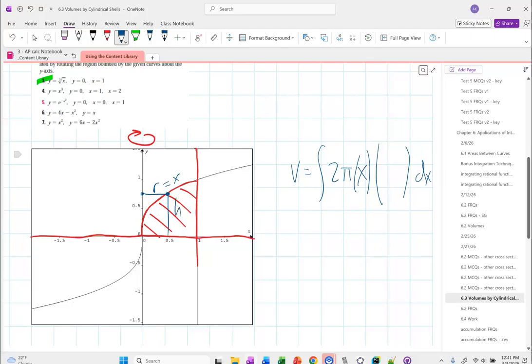The height of the cylinder, just drawn back through the shaded region. So that's the y coordinate, or in this case, just cube root of x. I'm done. Setup complete.